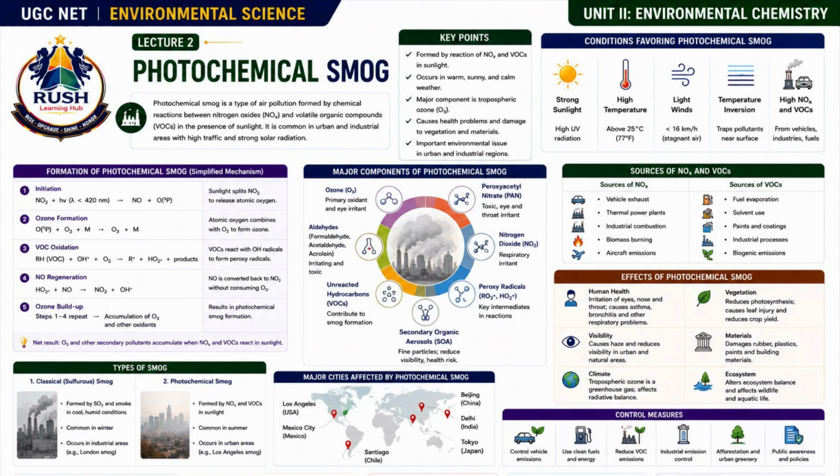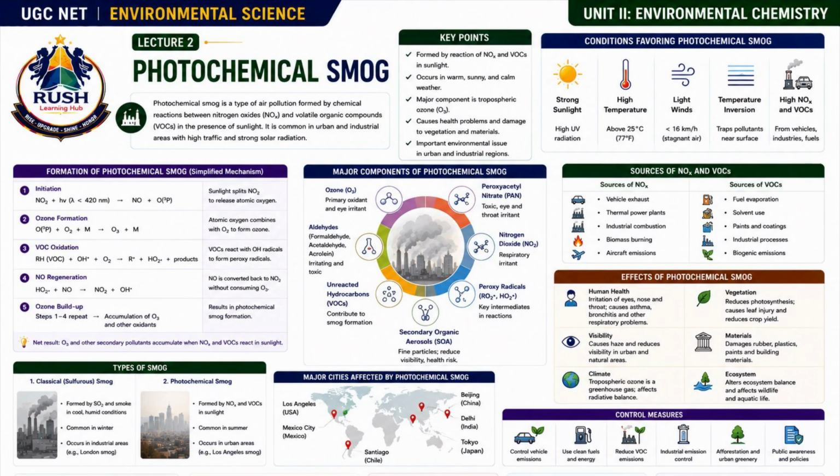Now let's discuss control measures for photochemical smog. The most effective strategy is reducing emissions of nitrogen oxides and volatile organic compounds. This can be achieved through cleaner fuels, improved combustion technologies, catalytic converters in vehicles, industrial emission controls, and strict environmental regulations.